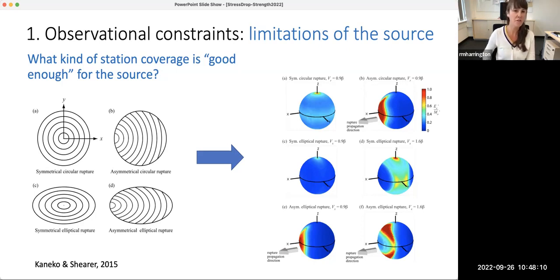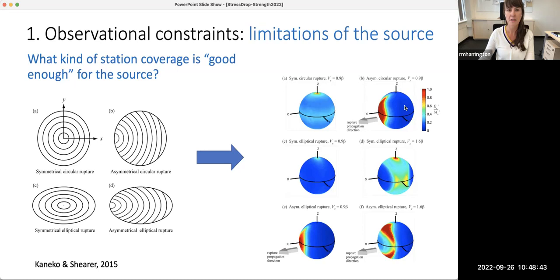These are some plots from a paper by Yoshi Kaneko and Peter Shearer from 2015, showing the variation that you get, depending on whether you choose a circular source model or an elliptical source model. The variation on a focal sphere, shown with the various colors here, is strongly dependent on the azimuth at which you make a measurement.